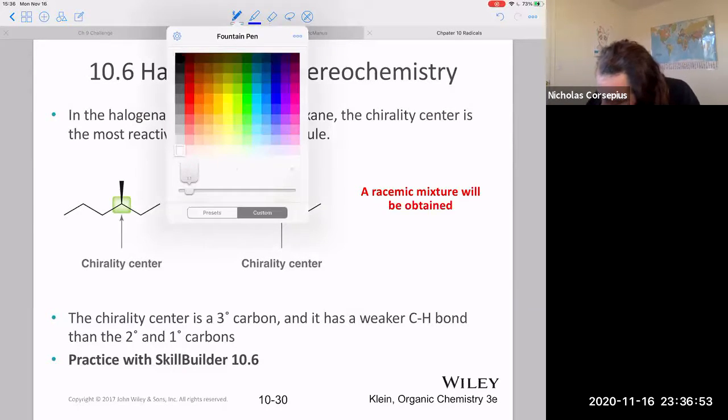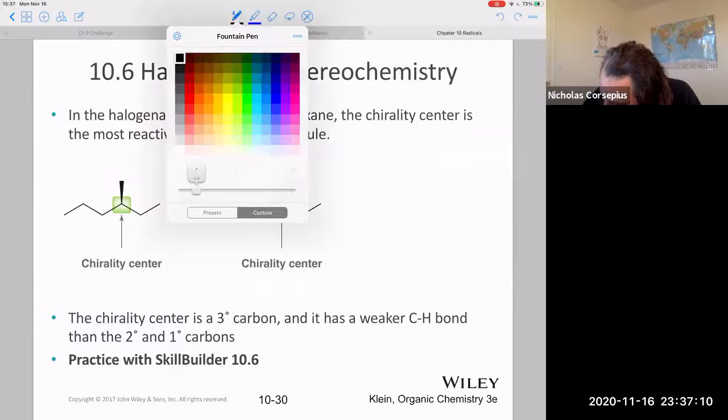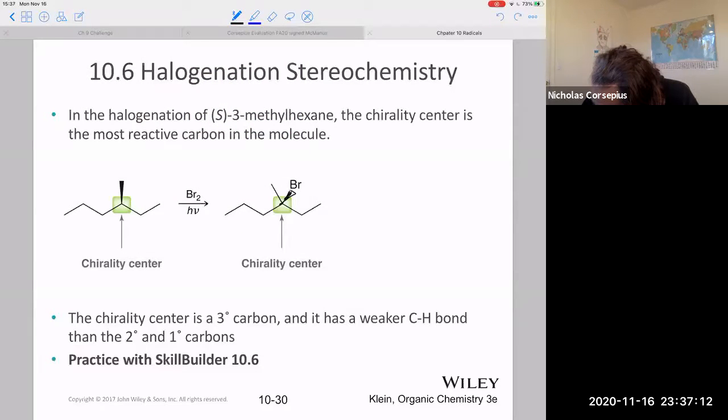So if I had asked you for all the products, including stereochemistry, what you would have done is make sure to give me one structure where bromine was on the wedge and the methyl group was on the dash, as well as another structure where the bromine was on the dash and the methyl group was on the wedge.